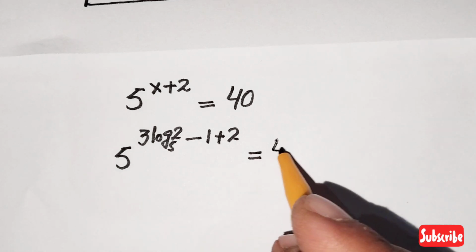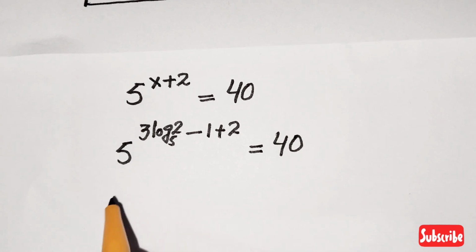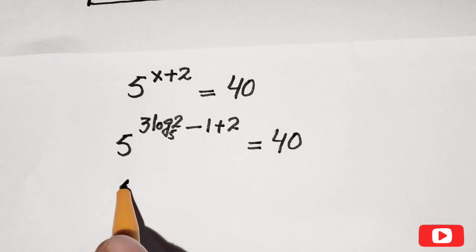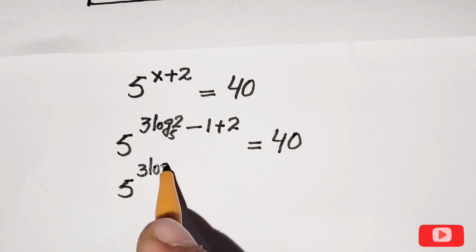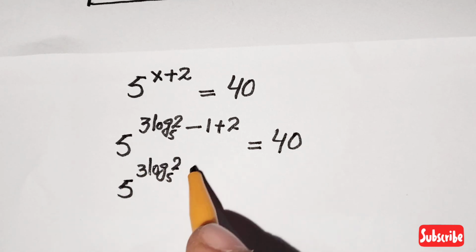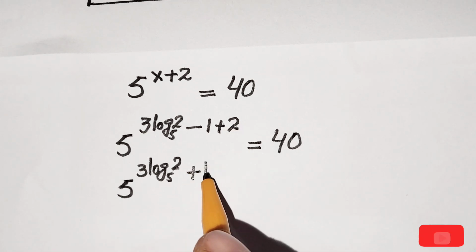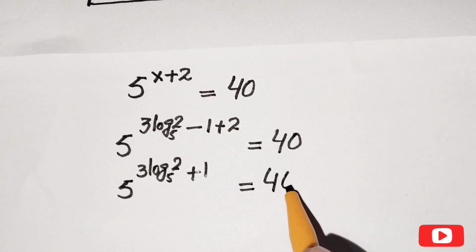Now we can also write it as 5 raised to the power 3 log 2 with base 5, plus 2 minus 1 we get plus 1, which is equal to 40.